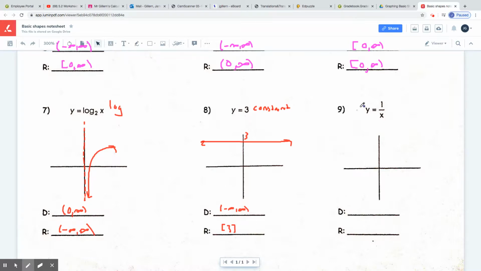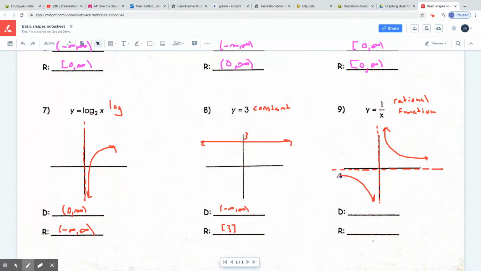Y equals 1 over x. This is a rational function. We graphed rationals before. I actually think it was the first thing that we did on distance learning, home instruction, whatever you want to call this. And we had a vertical asymptote at 0, a horizontal asymptote at 0, and we have a curve here and a curve there.